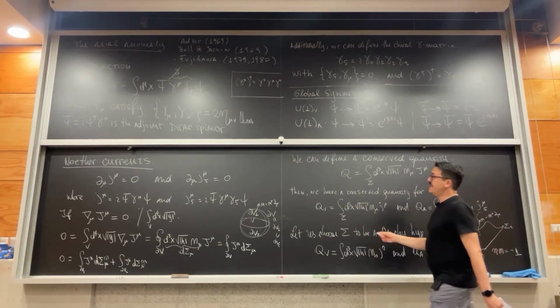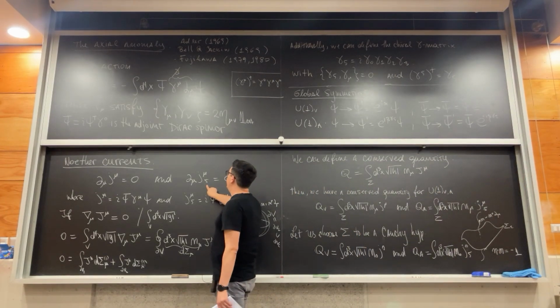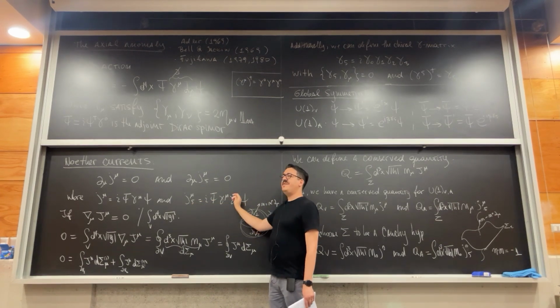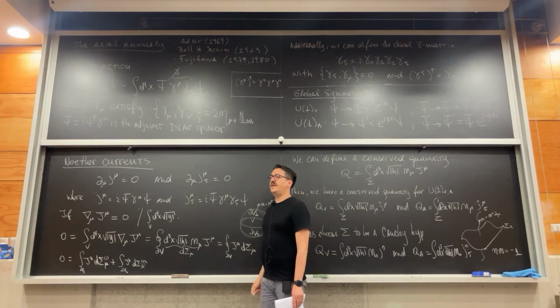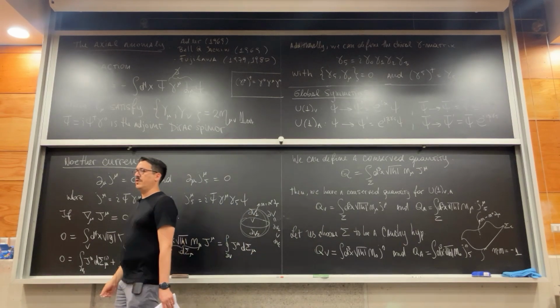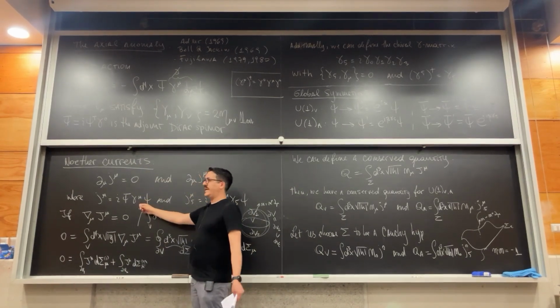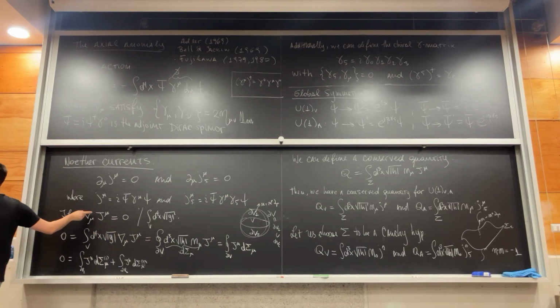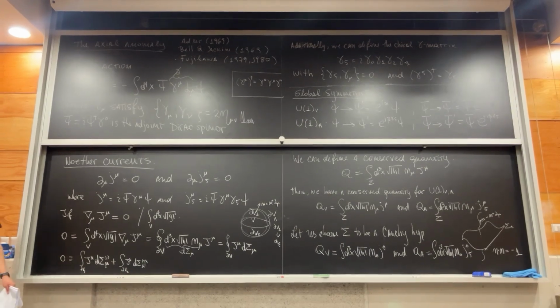It is related with this guy, because you have a gamma 5 here, so this is the axial current, and this is the vectorial current, let's say. So this transforms as a vector, and the other one as a pseudo vector. Okay?